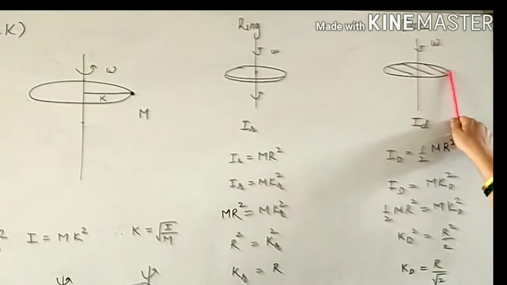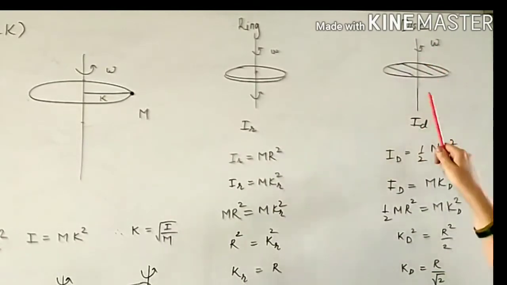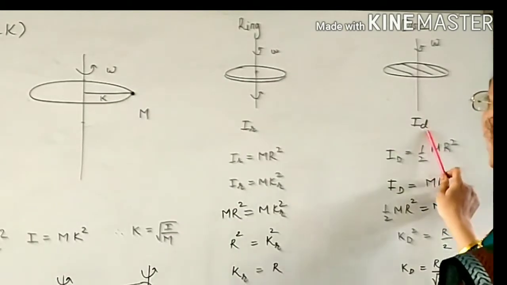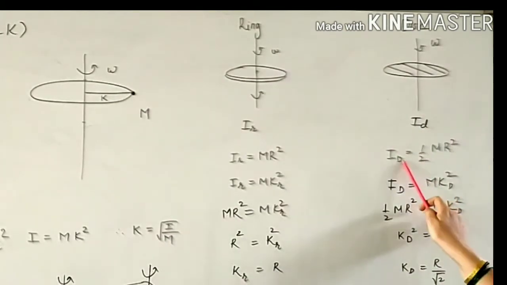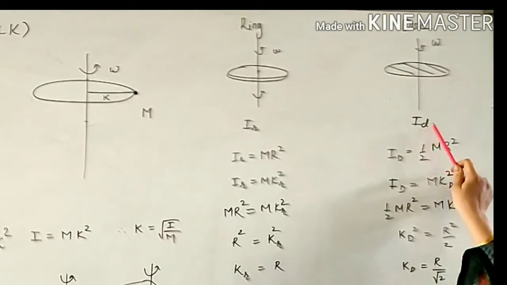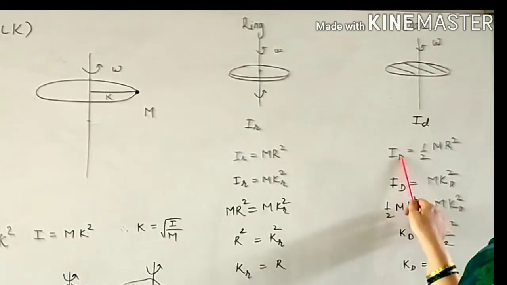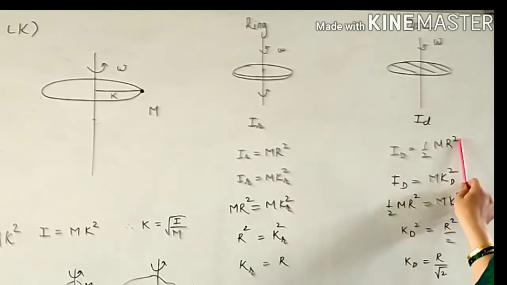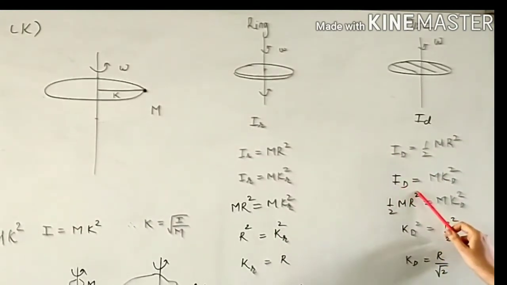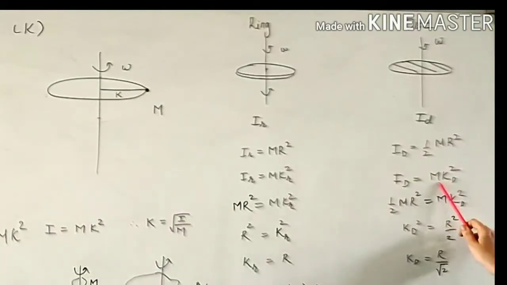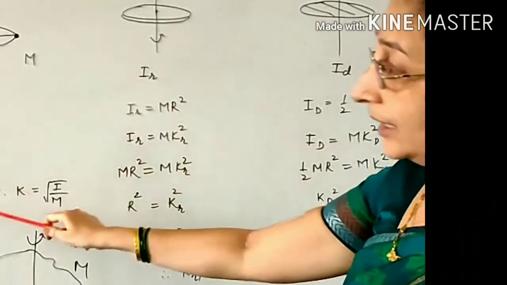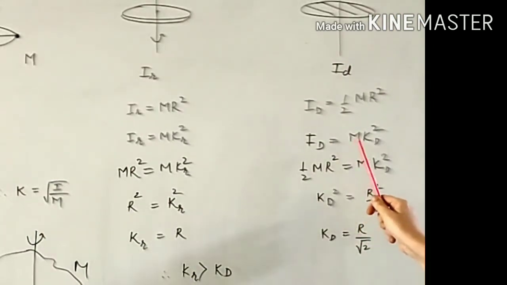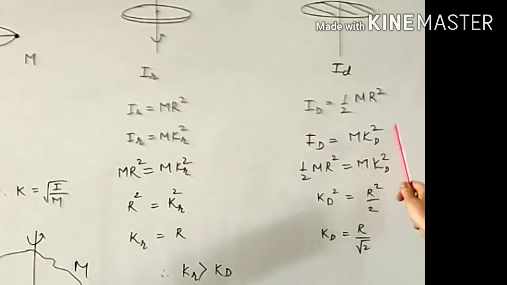Now, here we consider a disc. This disc is rotating with angular velocity omega about an axis perpendicular to its plane. According to our last lectures, the moment of inertia of the disc is half of mr square. But according to the radius of gyration formula, the moment of inertia of the disc is m kd square.